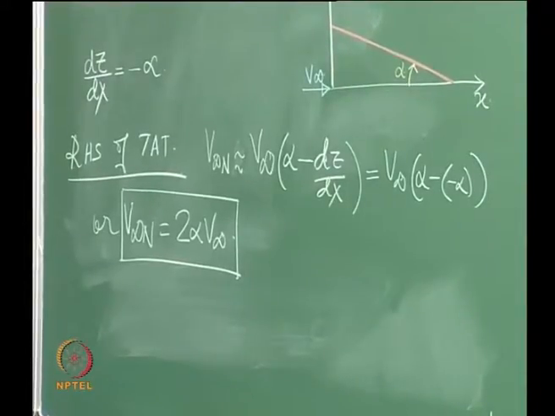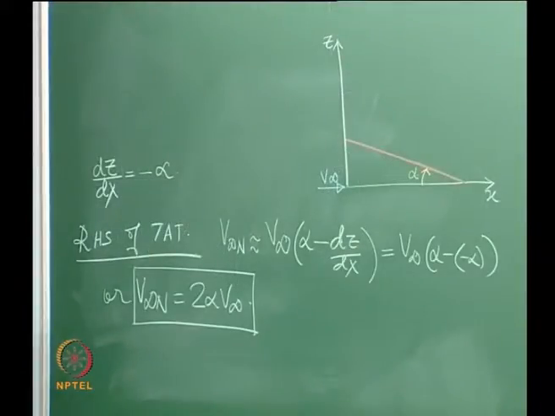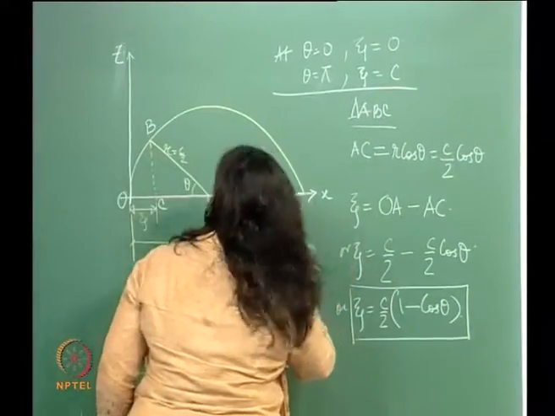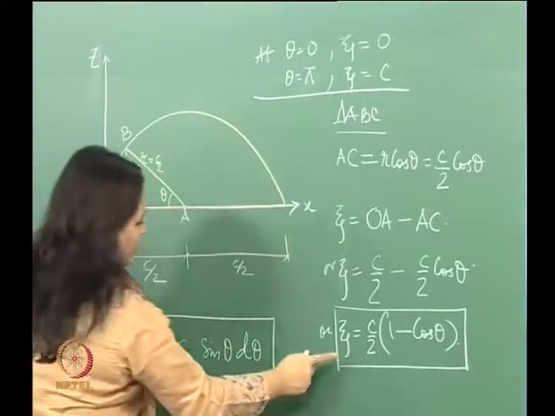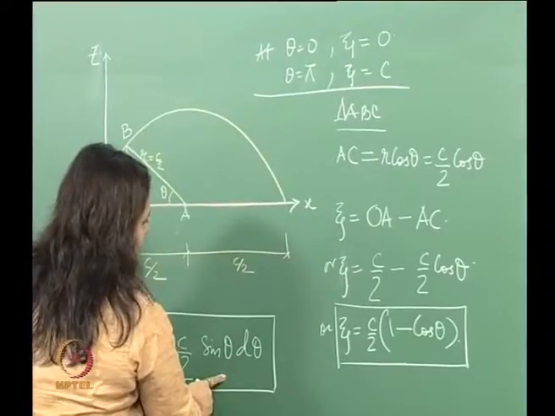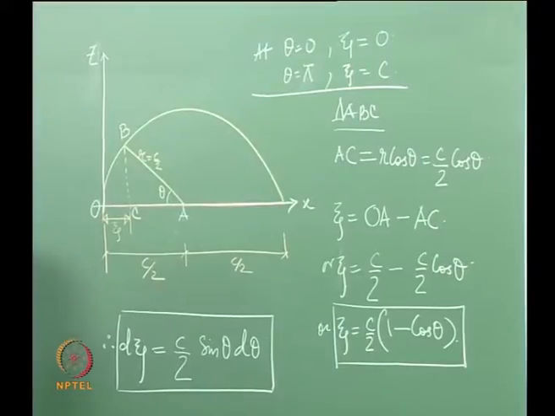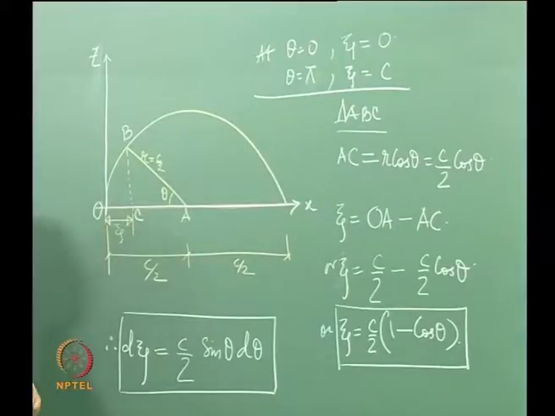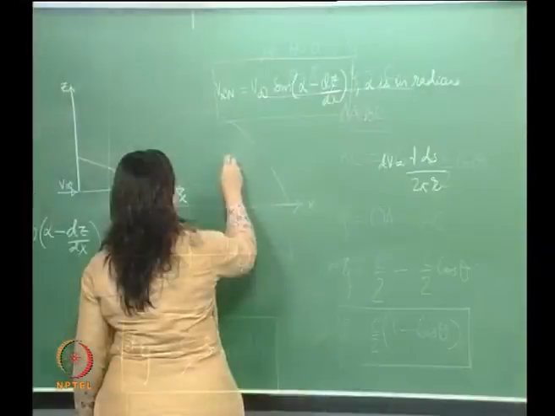The next thing, of course, is that we are just applying the thin airfoil theory to this particular case. So we have a z, this is our geometry now, where our z is this and our dz is this, isn't it? If I write that in terms of the angle theta, then we can let the integral go from 0 to pi.